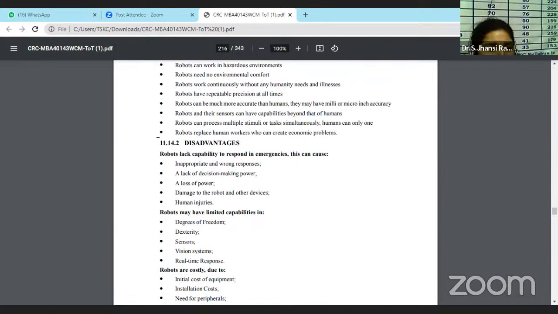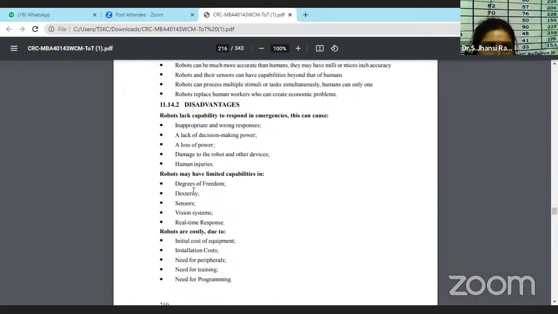And when you talk about disadvantages, there are a lot of them. Robots lack the capability to respond in emergencies, because they do not know how, which will cause inappropriate and wrong responses, and a lack of decision making power. Loss of power: whenever there is no power, they cannot respond, and damage to the robot and other devices, which in turn causes human injuries.